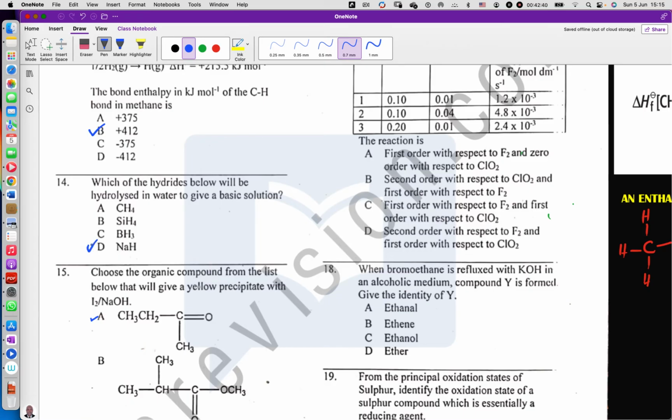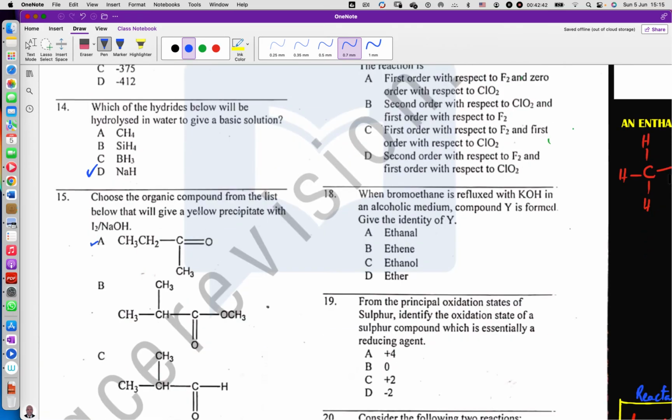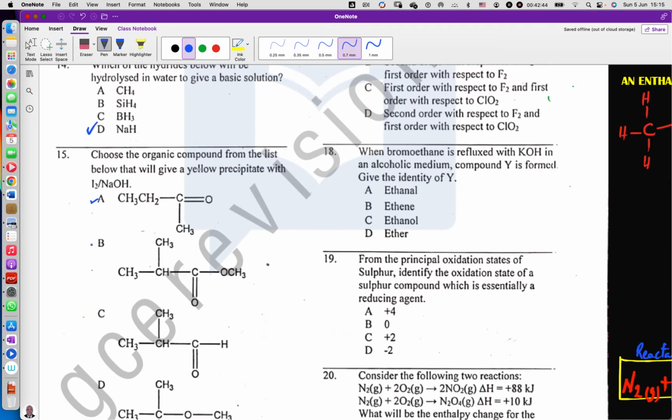Number 15, we have to go back again on how we can differentiate. Choose the organic compound from the list below that will give a yellow precipitate with alkaline aqueous iodine. We are back to this same similar question.